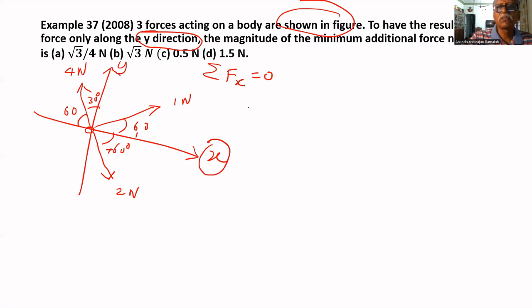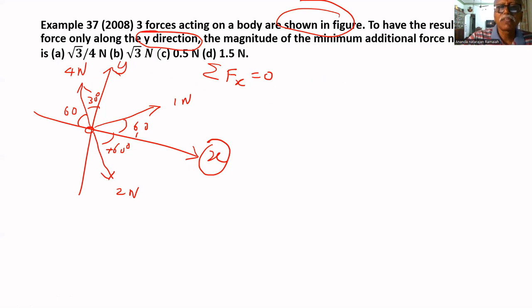Sum of Fx equal to the additional force only. The minimum additional force needed must be along x direction. If it is 0, automatically the resultant will be along y direction. If it is not so, we need a force added in the x direction so that all x direction forces equal 0.